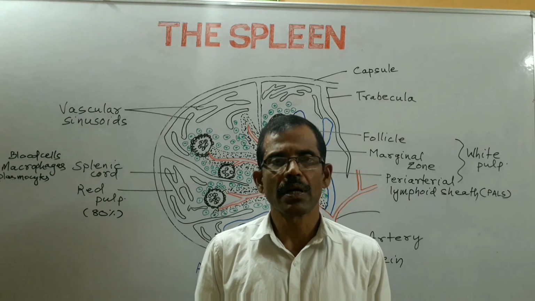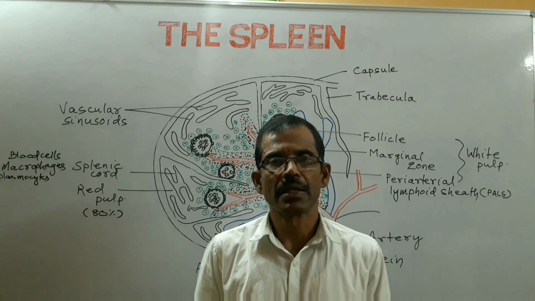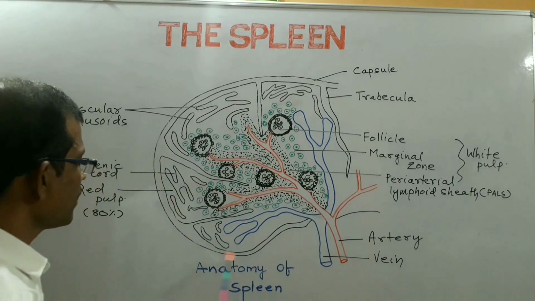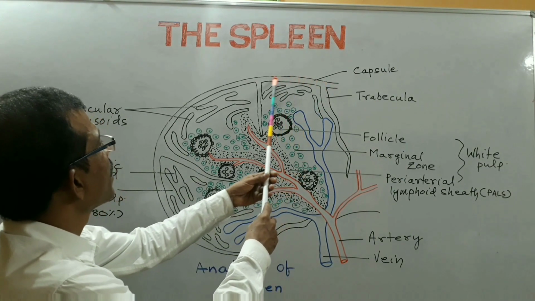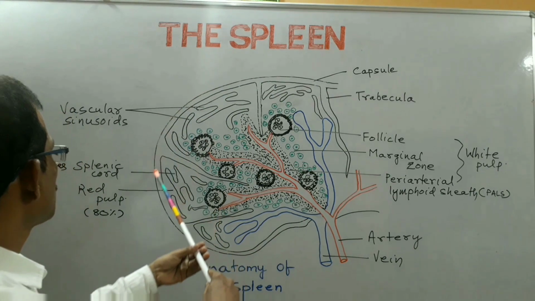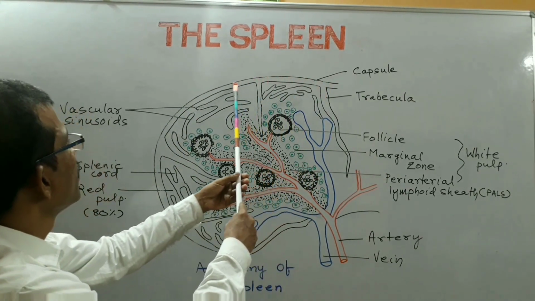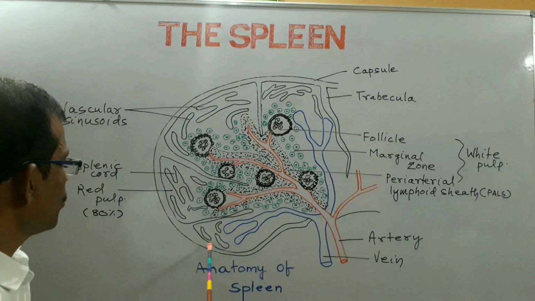The capsule consists of fibroelastic connective tissue. This diagram explains the internal structure of the spleen, and this is the capsule. The capsule covers the spleen and consists of dense irregular fibroelastic connective tissue.